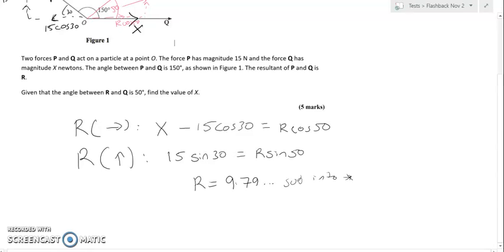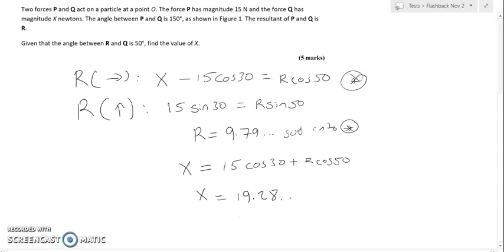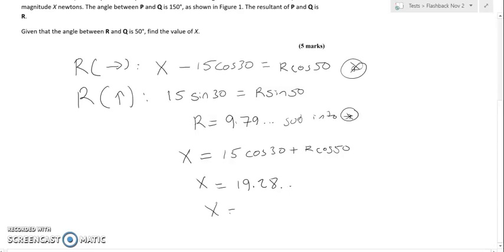So sub into this one, move the 15 cos 30 over, and we can rearrange to say 15 cos 30 plus R cos 50. And so x comes to 19.28, etc. And now you can do your rounding because we're finished with this question. It's 19 newtons, or 19.3 newtons. So we didn't use g in this one. 3 sig figs is usually better.